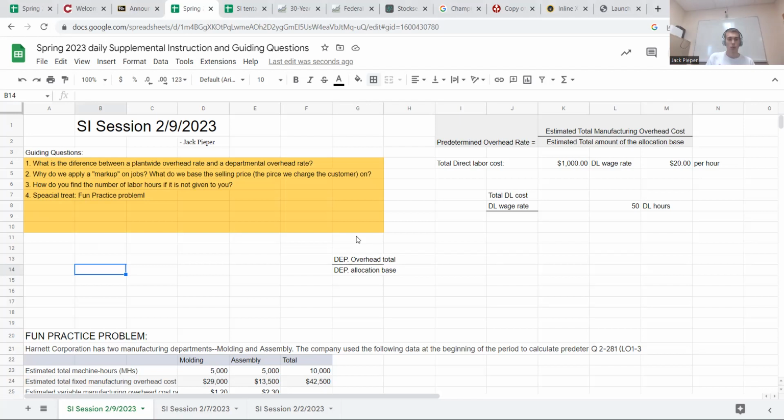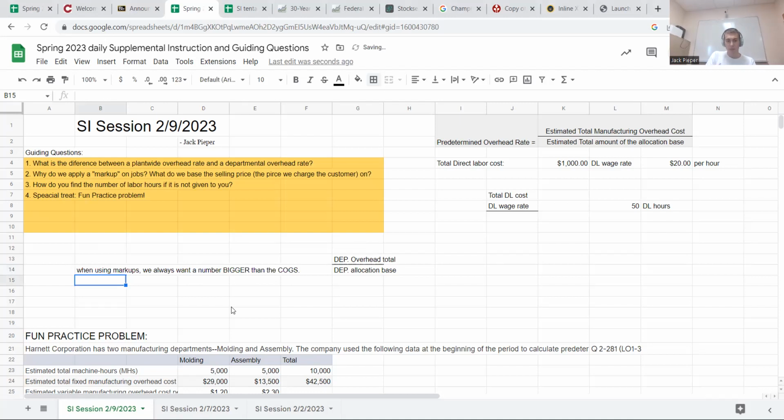So when we do a markup, we take the total manufacturing or product cost of the job, and we usually multiply it by a percentage. When using markups, we always want a number bigger than the cost of goods sold.